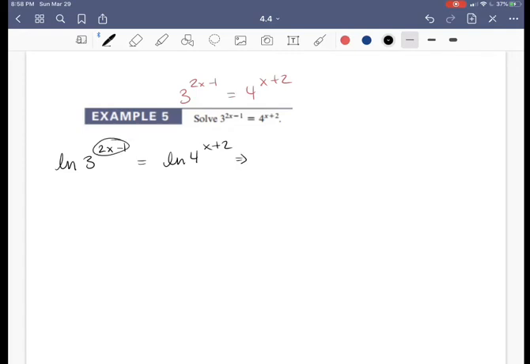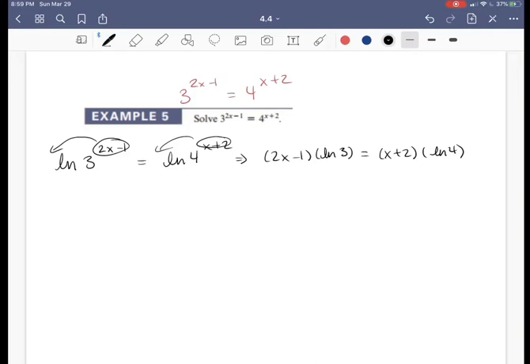So now I can send the exponents to the front. So I have 2x minus 1 times the natural log of 3 equals x plus 2 times the natural log of 4.